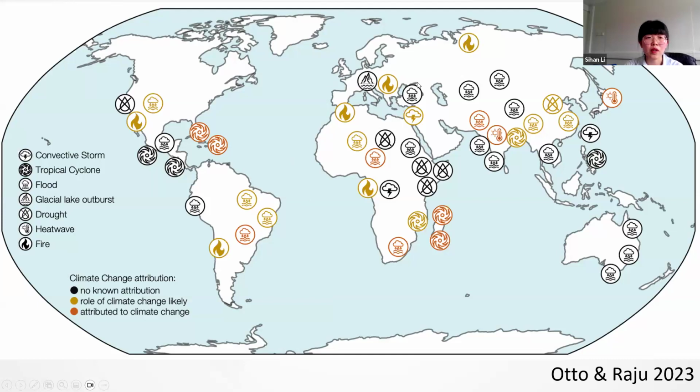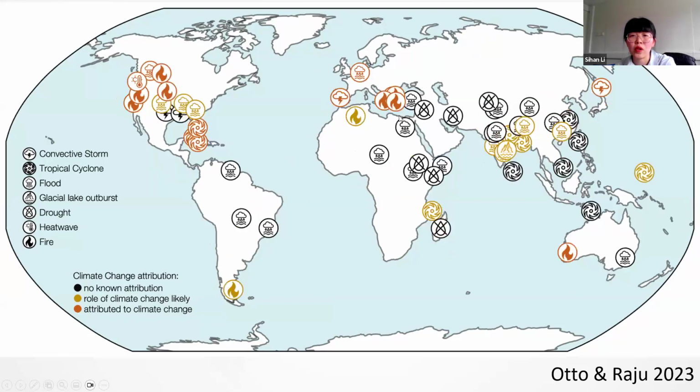This bit here in 2022 is showing a glacial lake outburst that happened in Europe. And if I flip back to 2021, we also see a glacial lake outburst over the Asia region. So we are seeing very visible, very impactful results from these mountain glacial changes in different parts of the world.